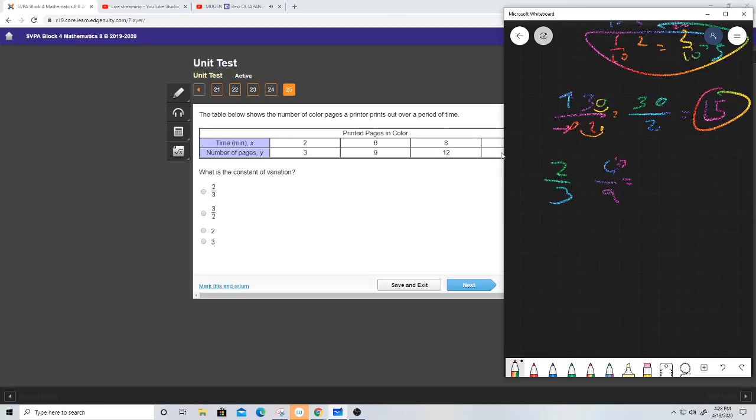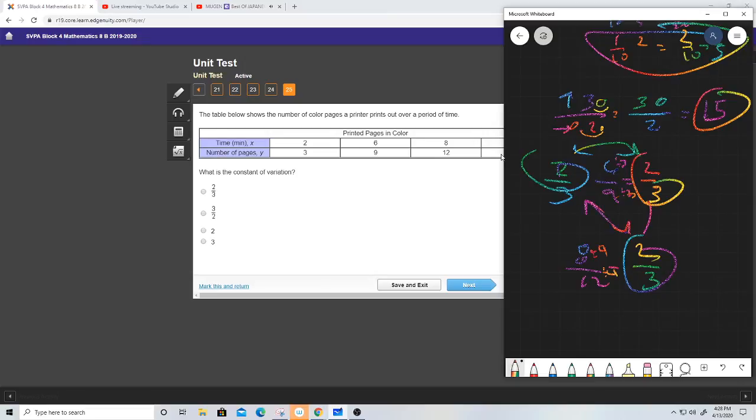Let's divide by 3. 6 divided by 3 is 2. 9 divided by 3 is 3. So we already have a match. The last one is 8 over 12. We can divide top and bottom by 4. 8 divided by 4 is 2. And guess what 12 divided by 4 is? 3. Now we have the Triforce. Call Link. Call Zelda. We have saved the day.